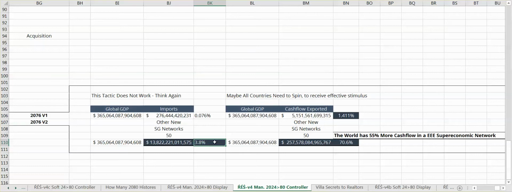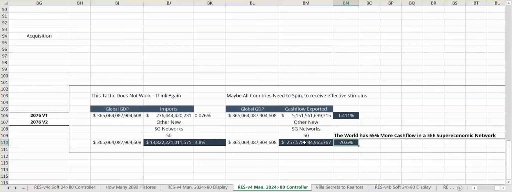The depression was 30%. However, if all of the other countries have economic zones or are fully running RES, then that same amount of money creates a 70% increase in cash flow.